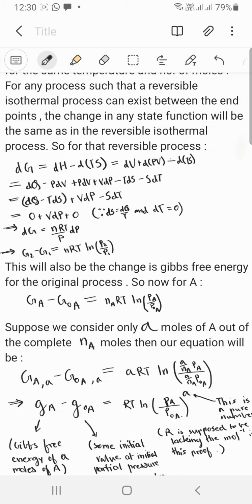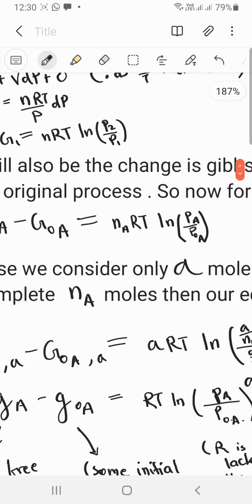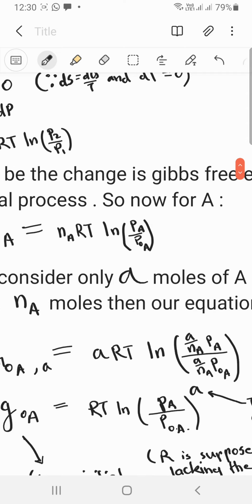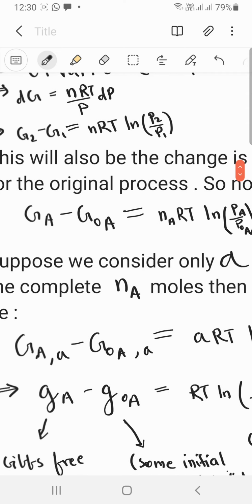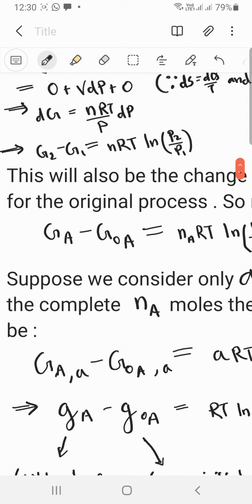So now for A, Ga minus G naught A equals NA RT natural log of Pa upon P naught A, where this naught condition just says that some initial condition has been put into this to get the general value. Alright.